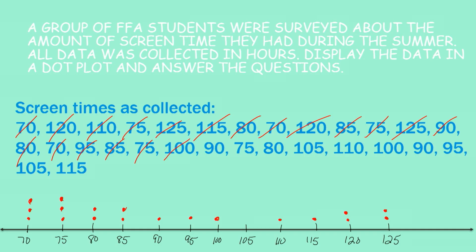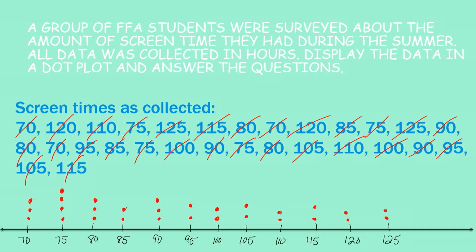Oop, there's a 100, 90. Yet again another 75. There's another 80, 105, 110, another 100. Let's see, I've got 90. I've got 95. I've got 105.